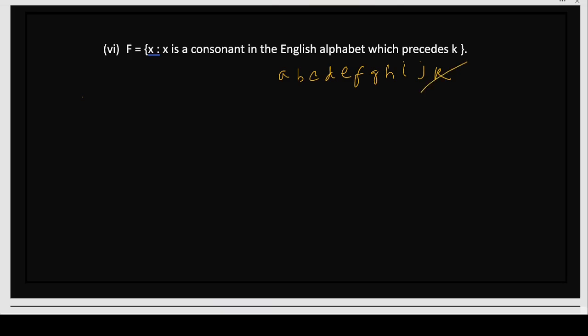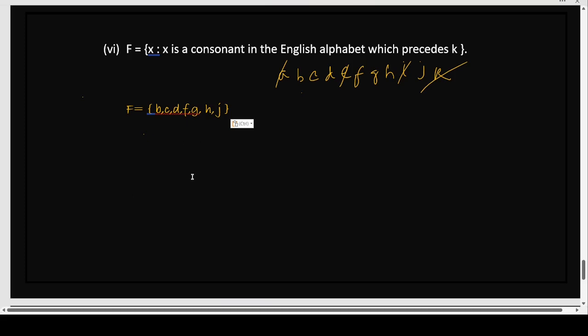All the consonants, so vowels will be cut. B, C, D, F, G, H, J are the letters required. So the roster form is F equals to B, C, D, F, G, H, J. These are the elements which satisfy this condition.